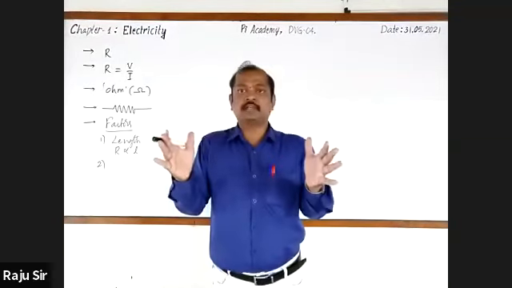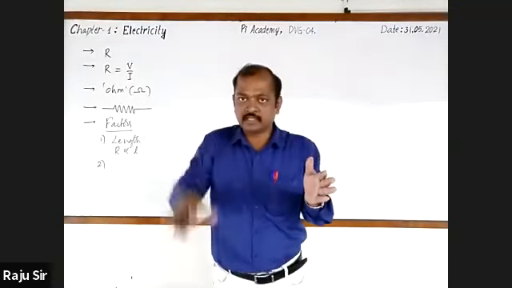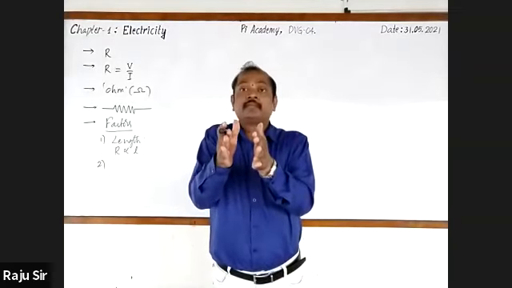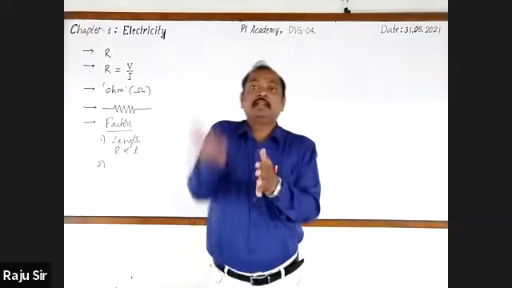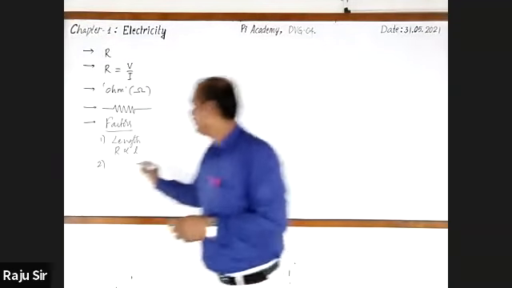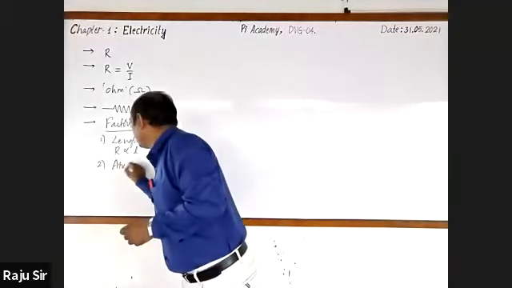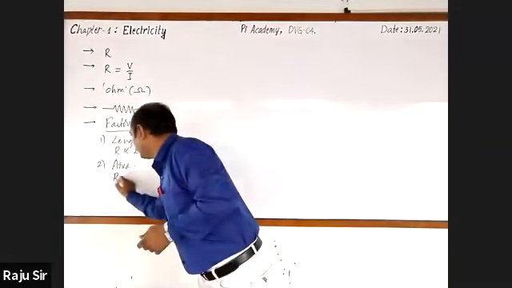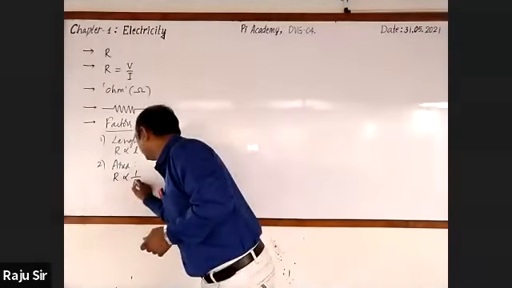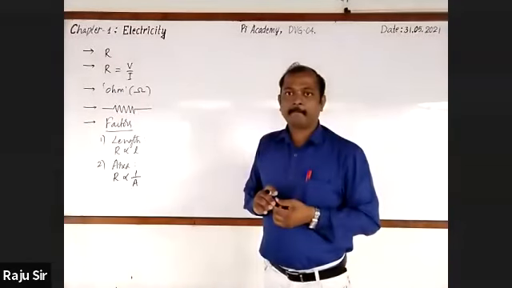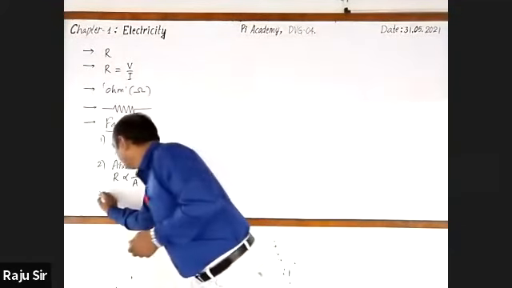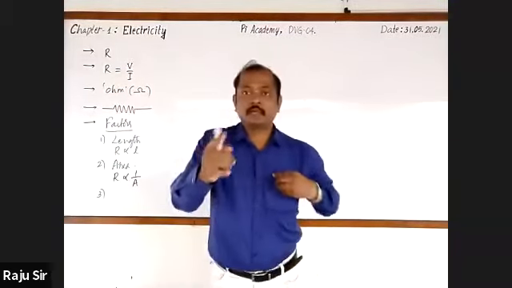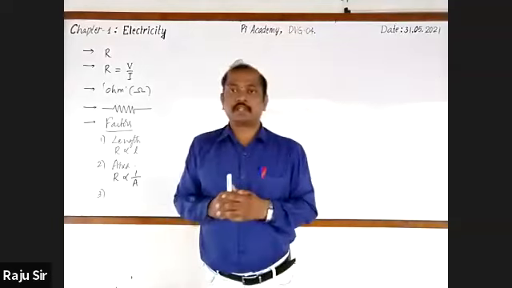As the thickness decreases, electric resistance increases. So we write A for the area of cross section, and R is inversely proportional to A.